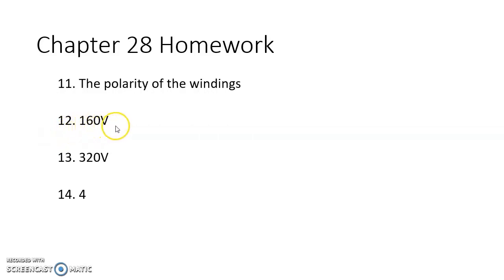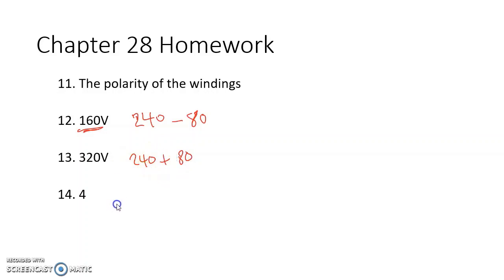It's subtractive, so it's 240 minus the 80 volts, which gives 160 volts. Number 13 is basically the same question, but this time it's an additive transformer. So in that case, it's 240 volts plus 80 volts.